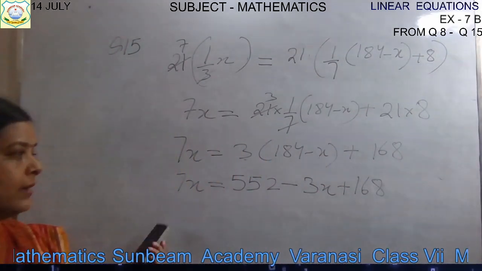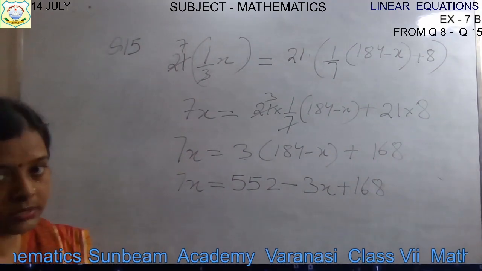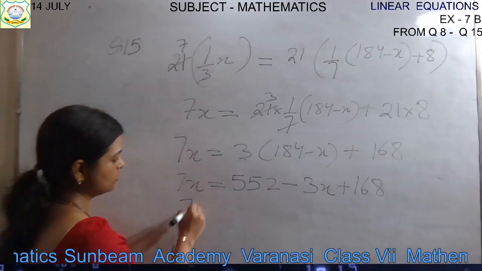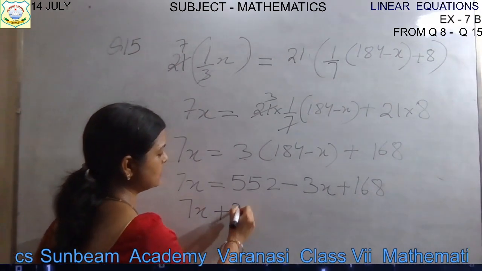Now separating variable term on one side and constant term on other side. So 7x plus 3x, children.